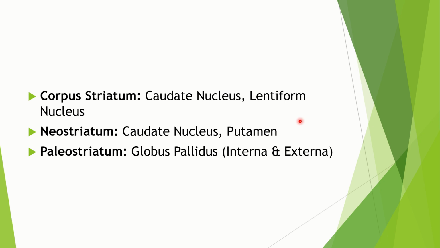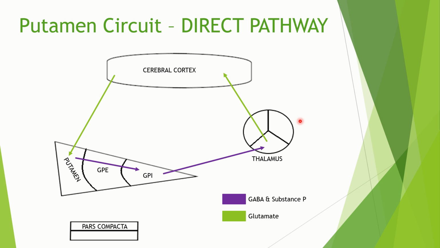And then you will need to know the paleostriatum, which is the globus pallidus, both interna and externa. I implore you to remember these facts, as these are things that can come in the multiple choice questions.